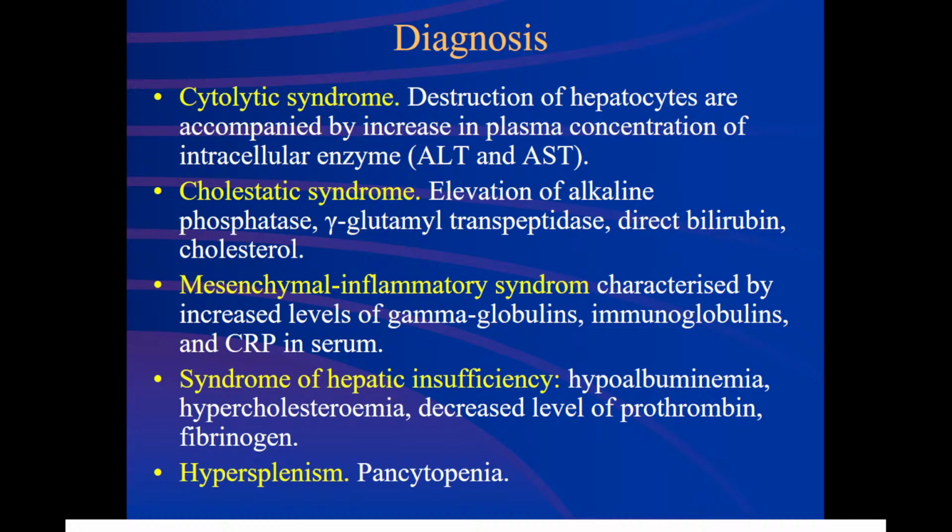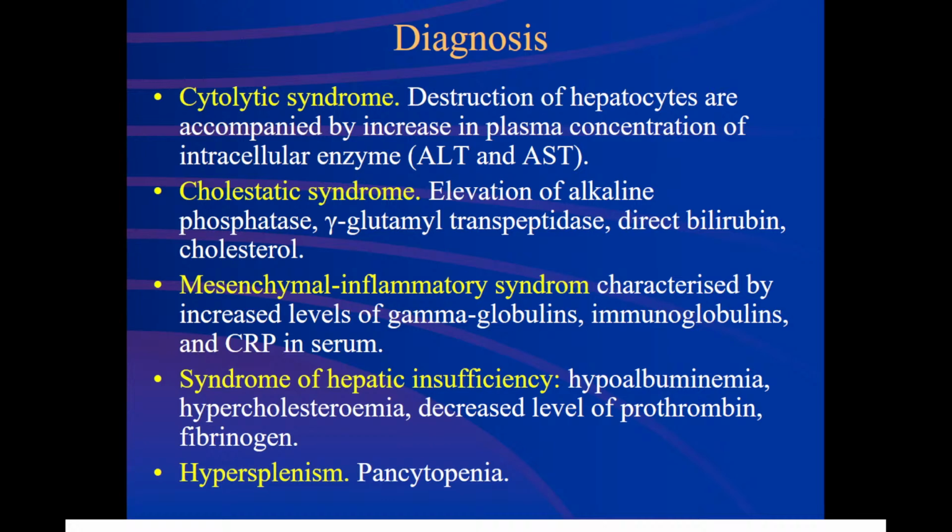Cholestatic syndrome mostly develops in patients with biliary duct problems, and it is characterized by yellow color of the skin, and in analysis by elevation of alkaline phosphatase, gamma glutamyl transpeptidase, direct bilirubin, and also cholesterol.